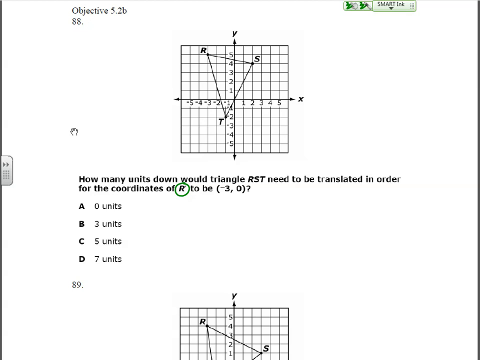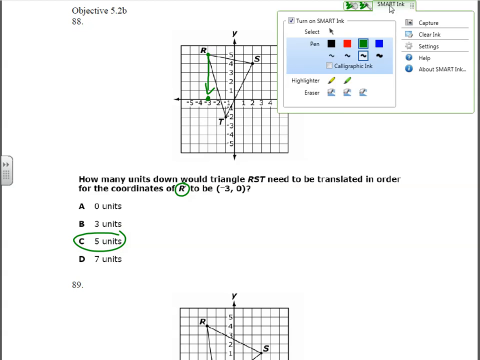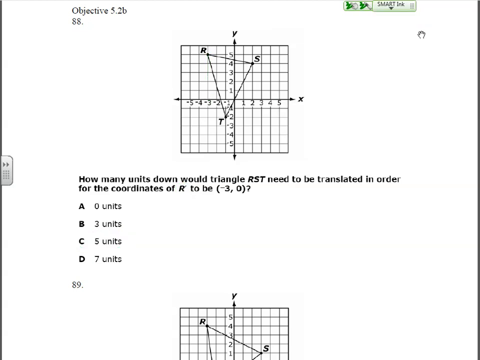But point R is right here. For it to be at -3, 0, how far down is that? 5 units down. So even without talking about it, if you think about it, you can probably figure it out. That's true for the rest of them too, I think all the way through 90, 91.